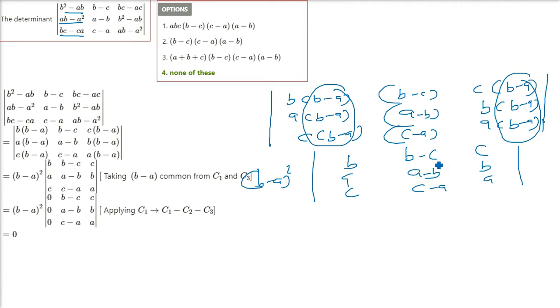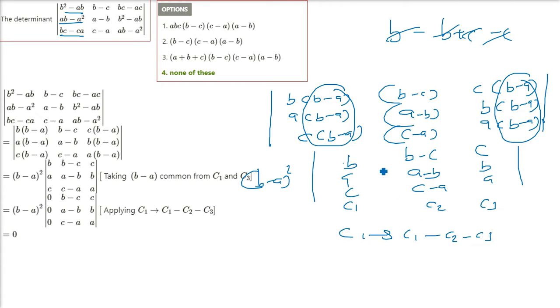You can do one more thing here. B and c are already there. So let us subtract column 2 and column 3 from column 1. I'll just show you. B minus c, that is b plus c, minus c. So b gets cancelled, c gets cancelled. So column 1 we are changing to column 1 minus column 2 minus column 3.